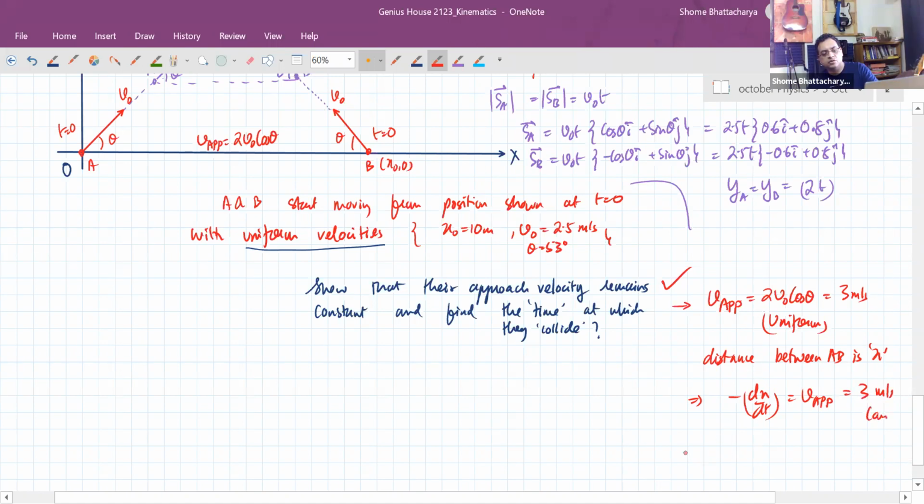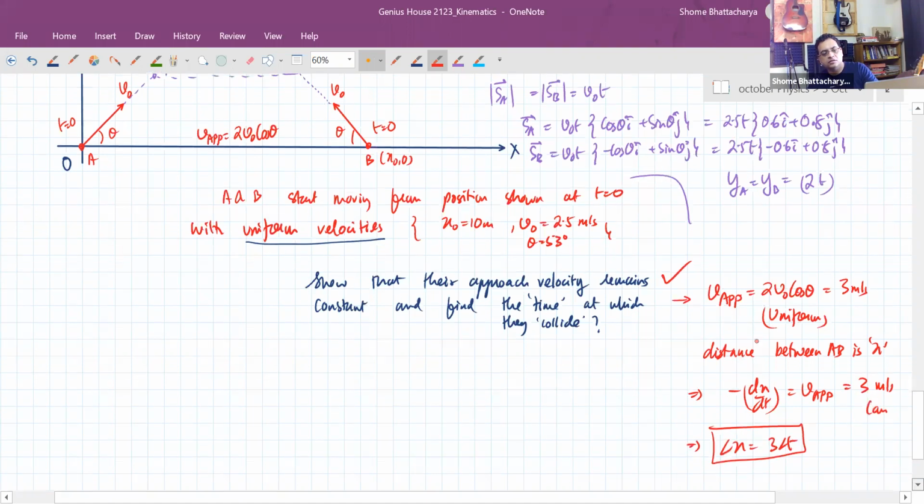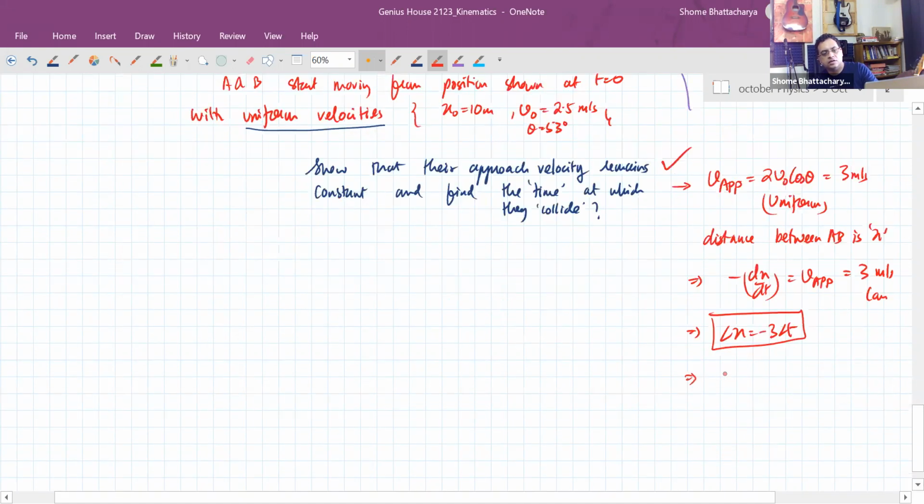Okay. So once it is constant, we can say that delta x is 3 delta t. So if they collide at a time, let's say capital T, delta x will be 0 minus the initial distance between them, which was how much now?